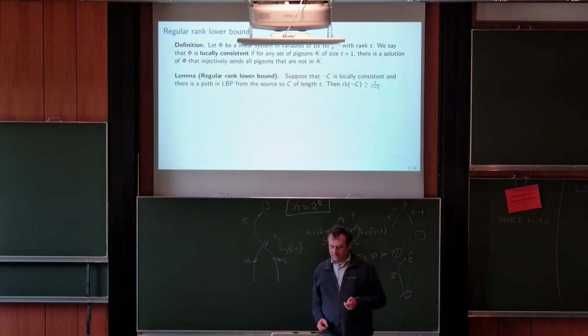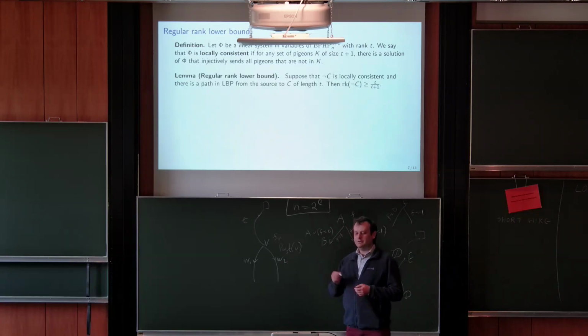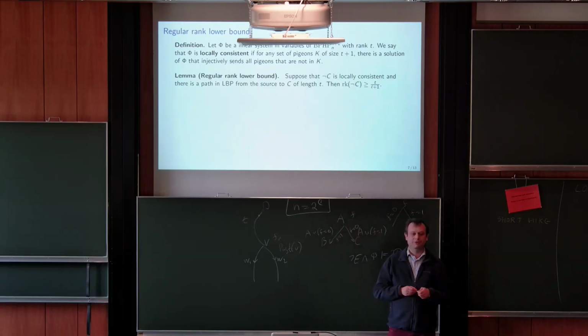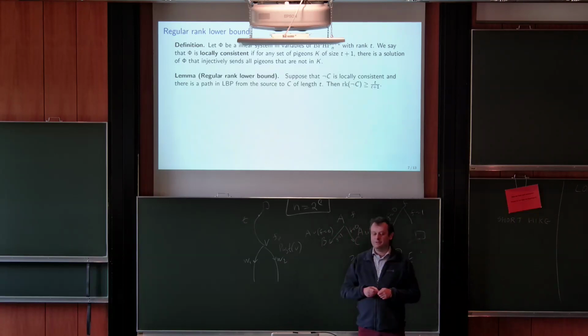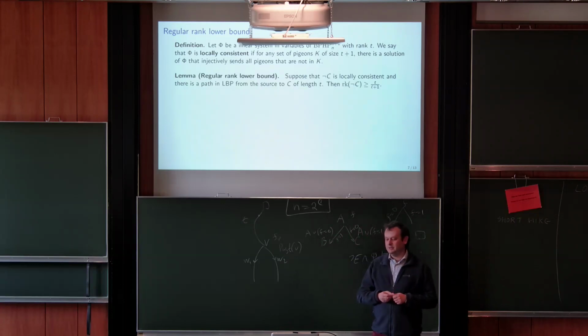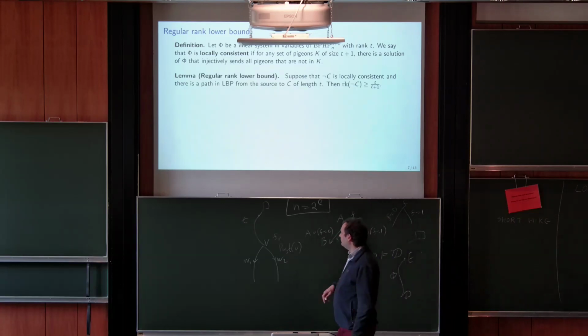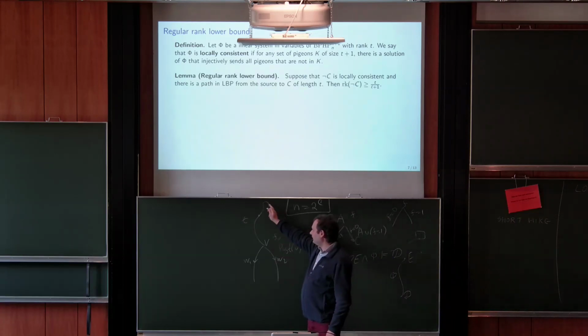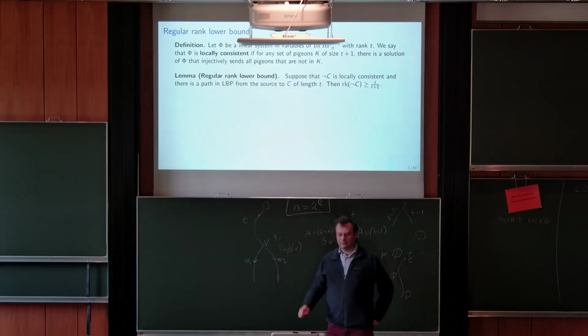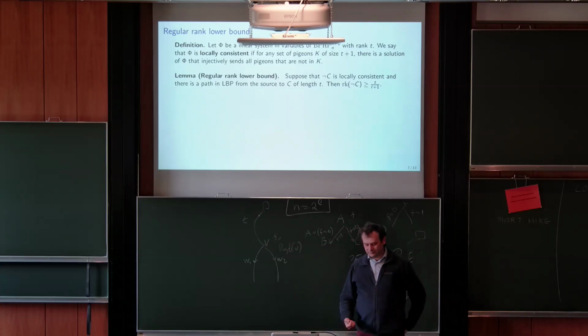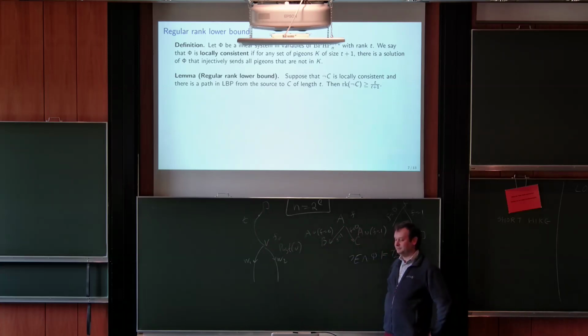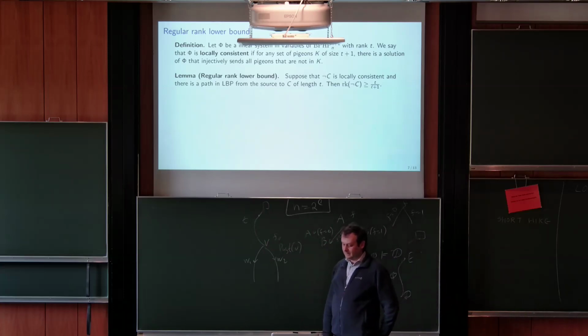The lemma is the following: assume that the negation of a clause C is locally consistent, and there is a path in the linear branching program from the empty clause to the vertex with clause C of length D. Then the rank is large.